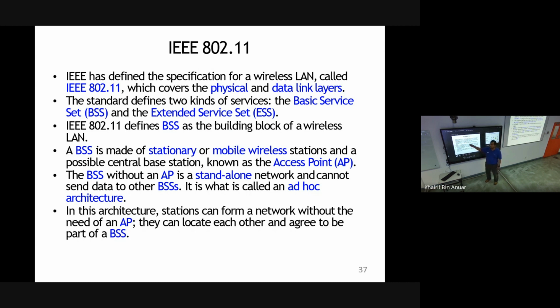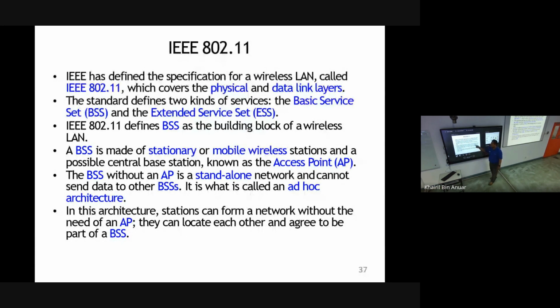And then it has two different services: the basic service, and the other one called the extended service set. The basic service means that it is connected with a single access point, but extended service means that you can be connected to a whole range of different access points and still be connected together.